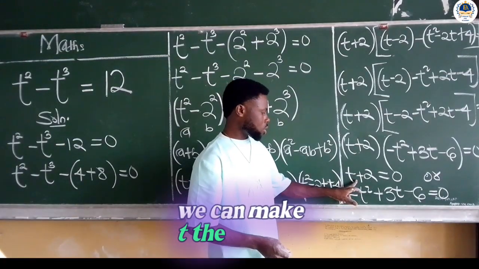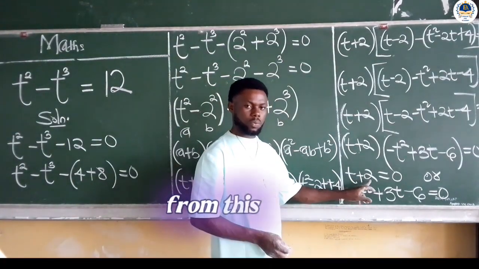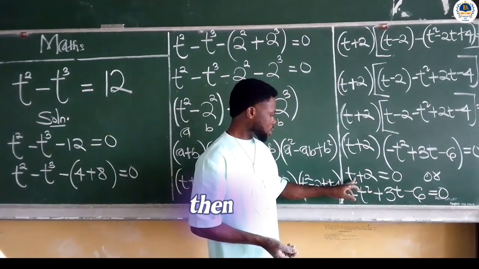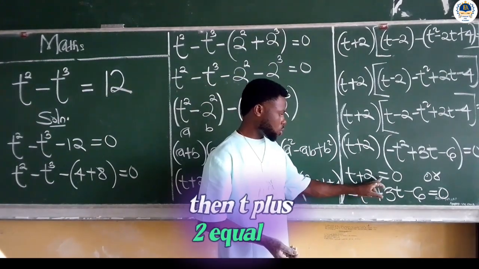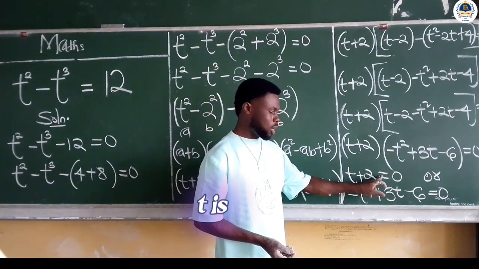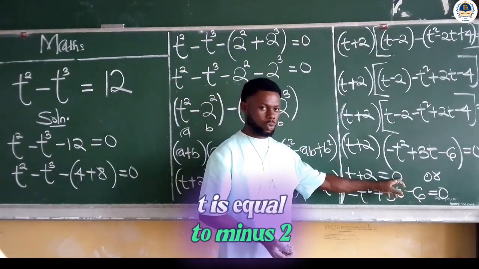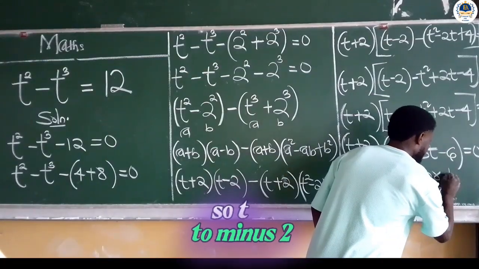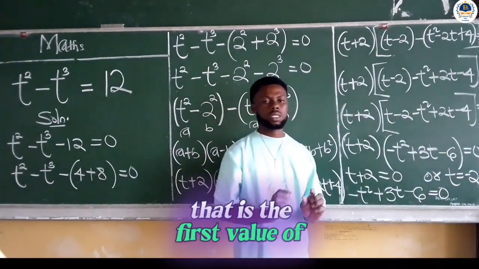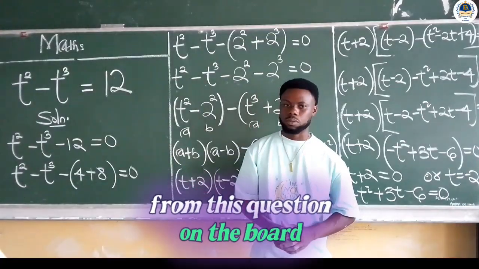We can make t the subject of the formula from this point. If I make t the subject, then t plus 2 equal to 0 will become t is equal to minus 2. So t is minus 2. That is the first value of t from this equation on the board.